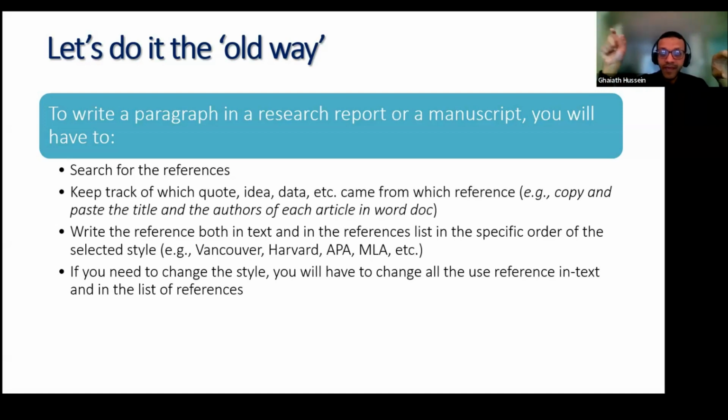At the end of this sentence, I need to put the reference for the WHO report. At the same time, I have to add the same reference to the list at the very end of the document, the list of references that you have used in your work. So this is the in-text, and then at the end there is the list of references.